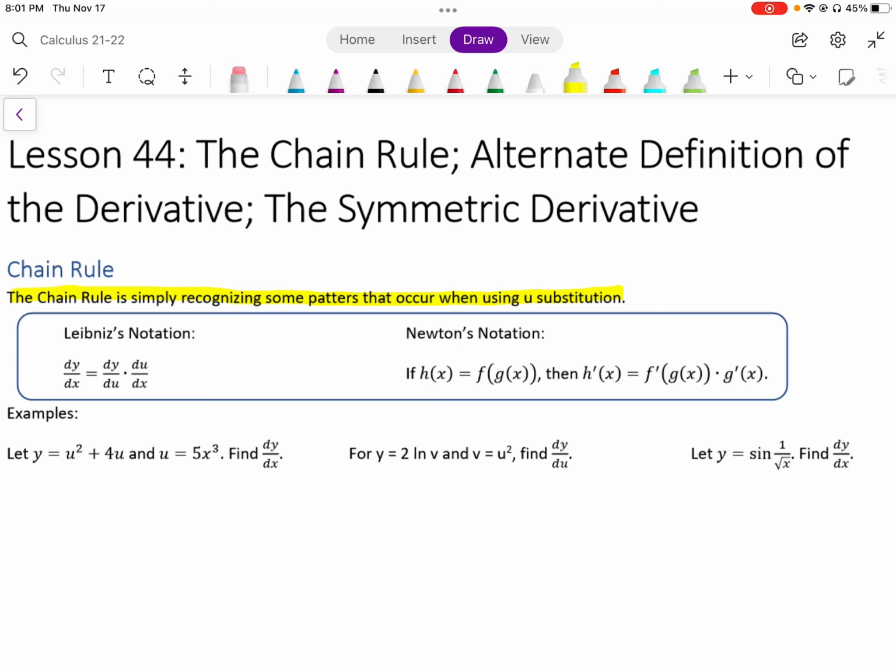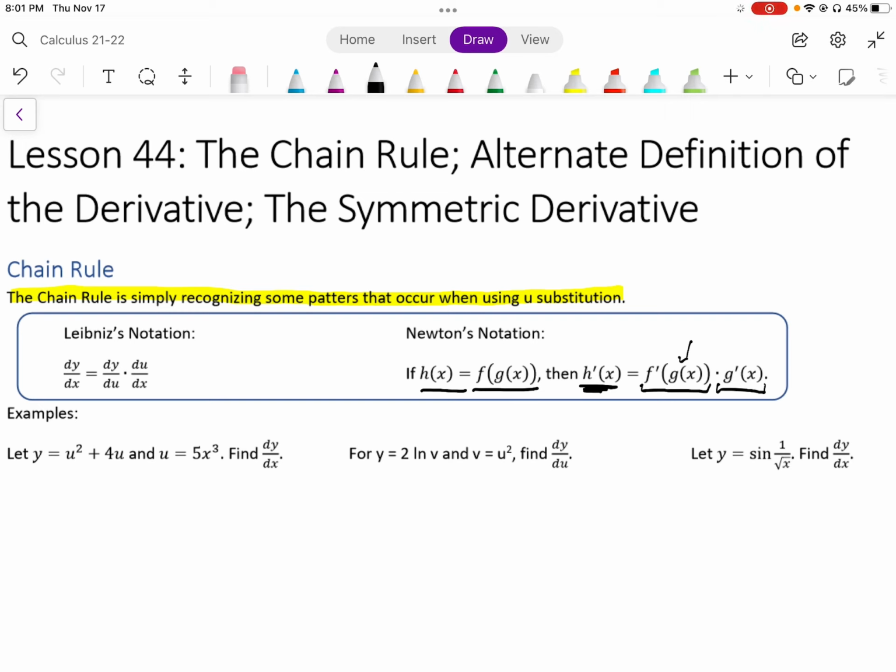But you have if h of x equals a composite function, so f of g of x, then to find the derivative, it's simply the derivative of f with the g function still in there times the derivative of g of x.